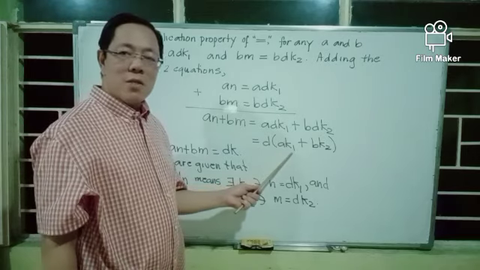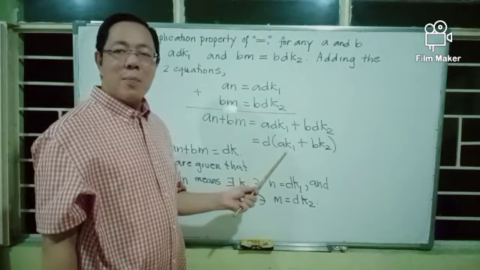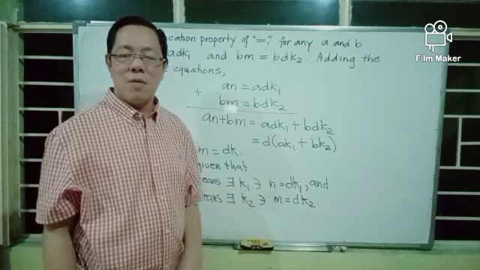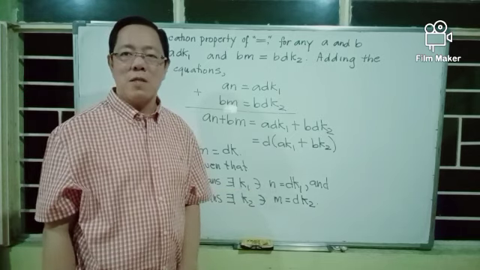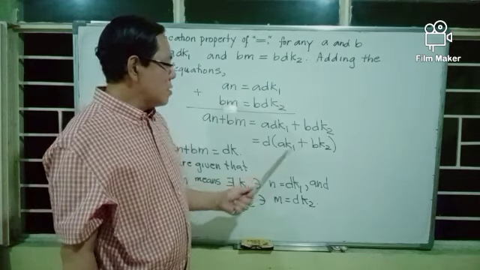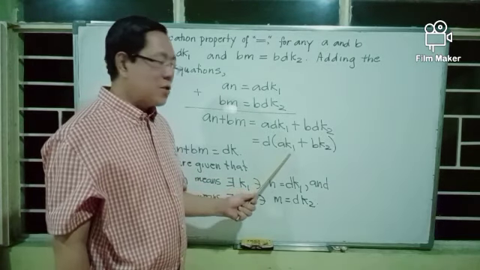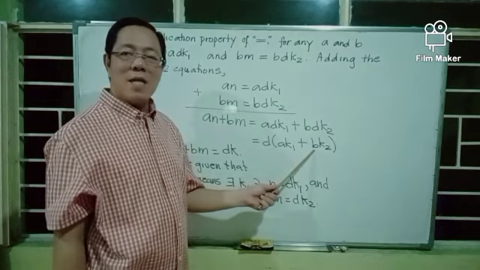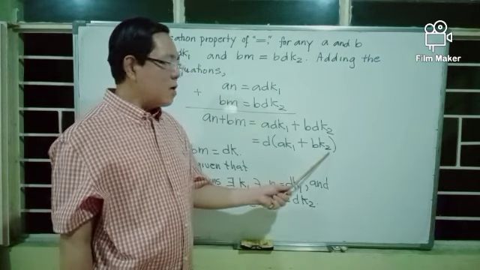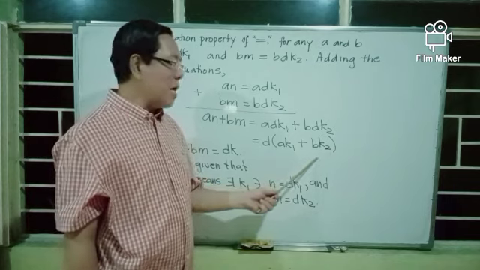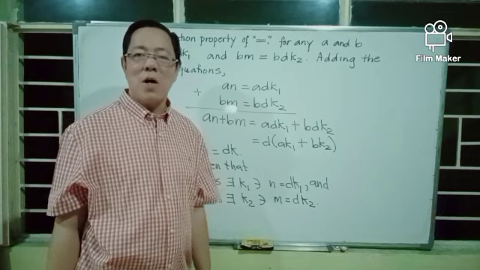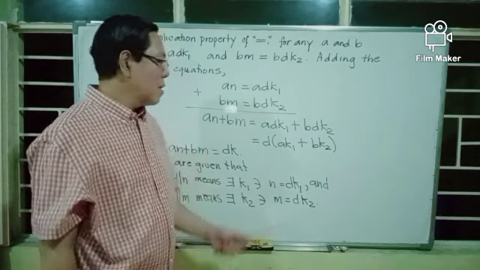If k1 is an integer and a is an integer, then the product a k1 is an integer by the closure property for multiplication of integers. In the second term, if k2 is an integer and b is any integer, the product of these two integers, b and k2, is again an integer by the closure property of multiplication.